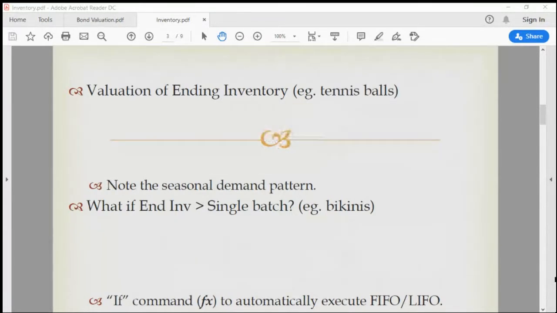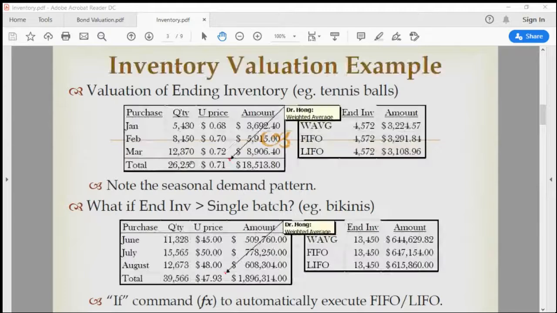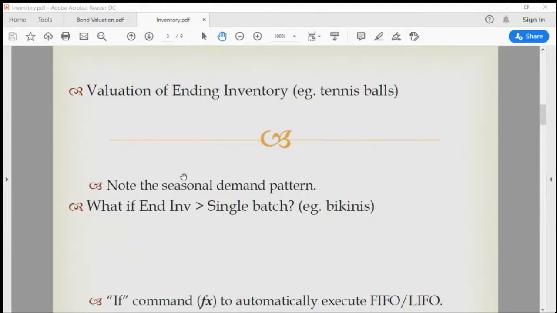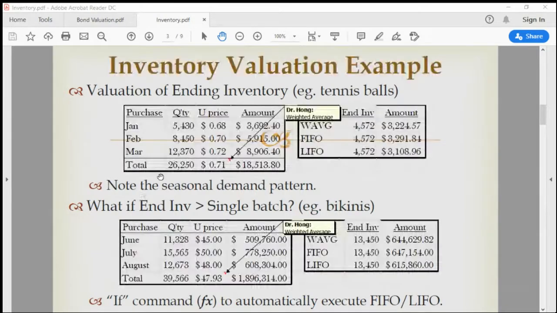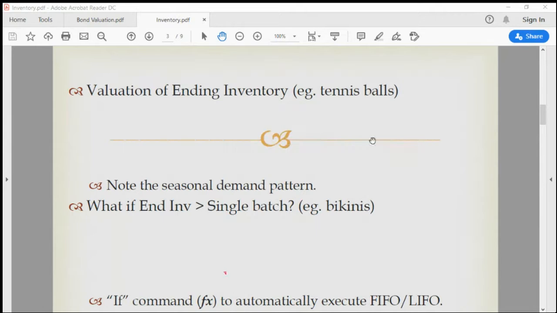So our question: at the end of the first quarter, there will be something left in the ending inventory, right? The net purchase during the 3 months was 26,250 tennis balls, and you made a sale during the first quarter.